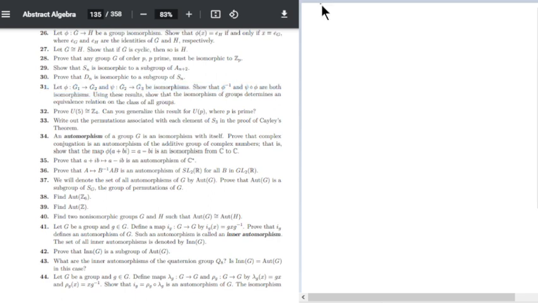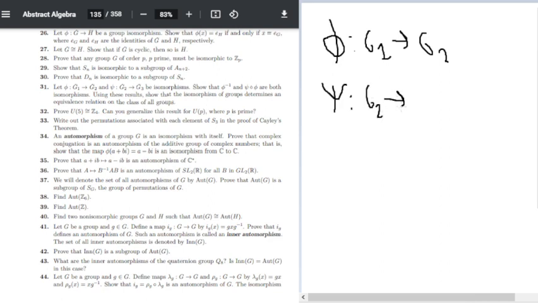So, suppose phi from G1 to G2 is an isomorphism, and psi from G2 to G3 is an isomorphism.